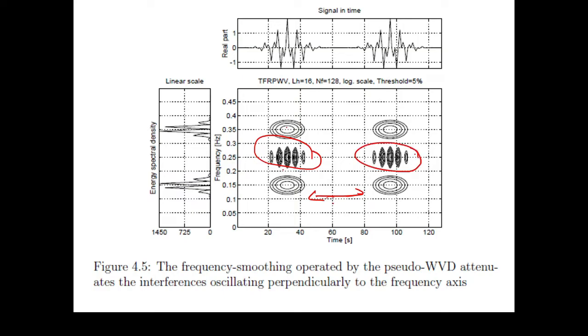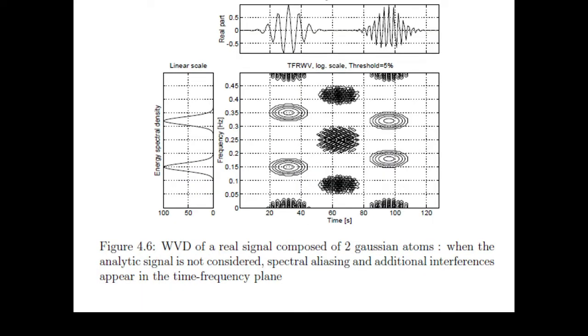The problem, if you do not use analytic signals, is that you will get a large number of problems. So this is why we need to use signals which are analytic signals.